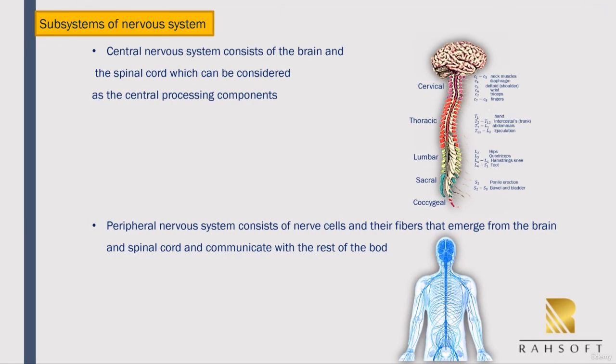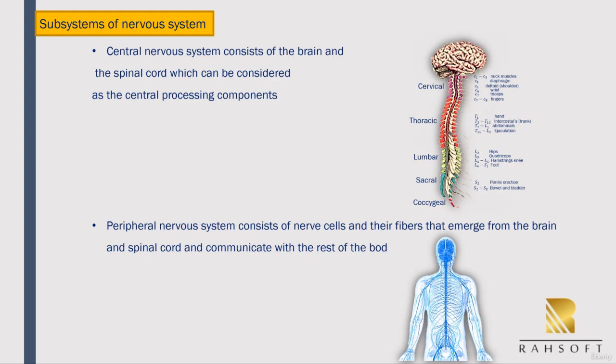So, the central nervous system, as I mentioned earlier, contains the brain and the spinal cord, and can be considered the central processing components. All of the nerves that connect to the rest of the body connect back to the spinal cord, and the spinal cord will then send all the information to the brain.